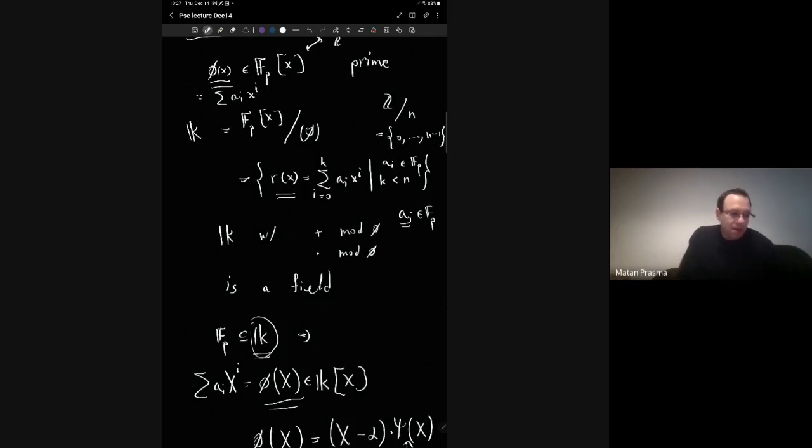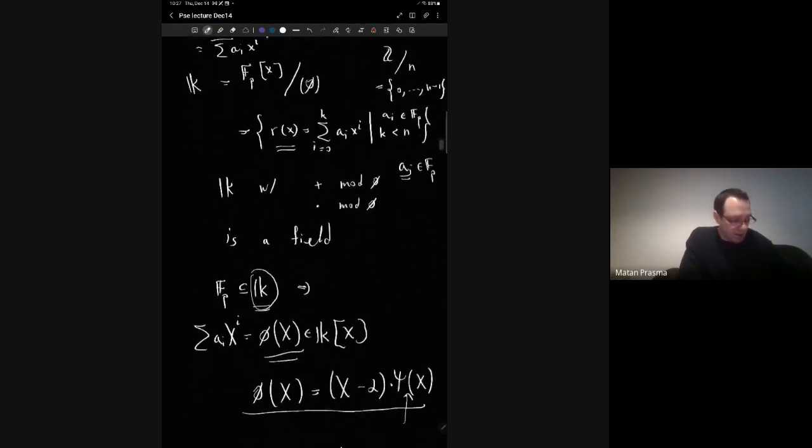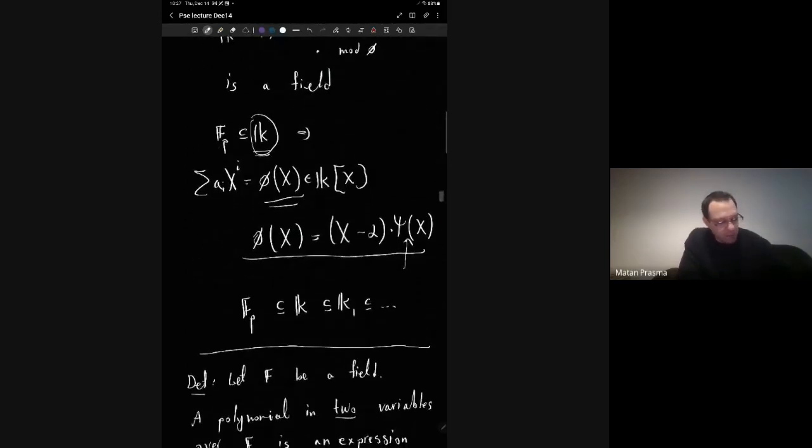But the issue is that first, what is K[X] with a capital indeterminate? It's all the expressions of the form, maybe I'll just write a typical element here.